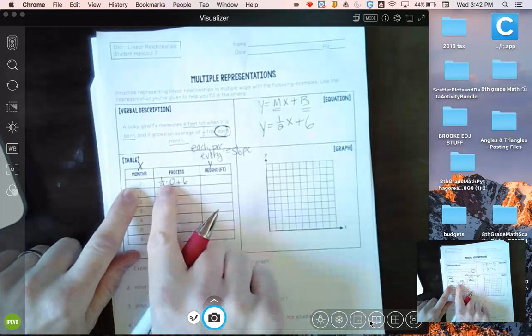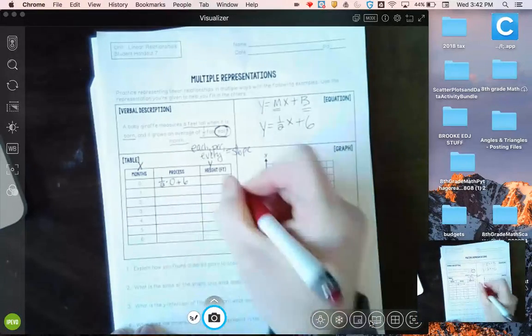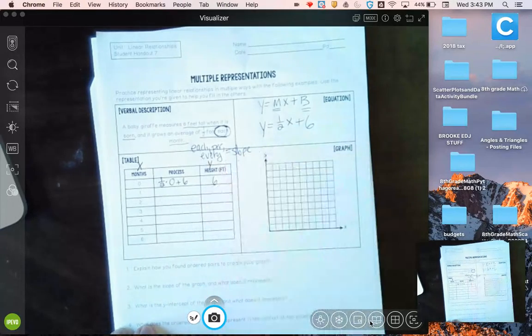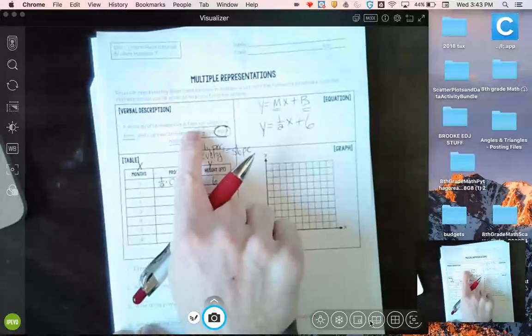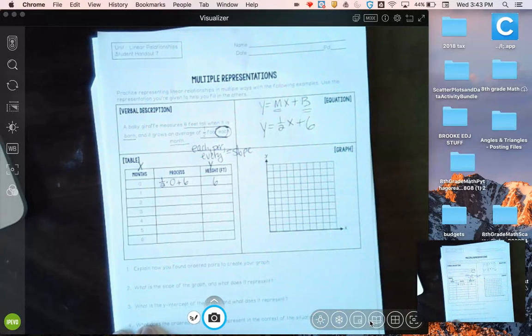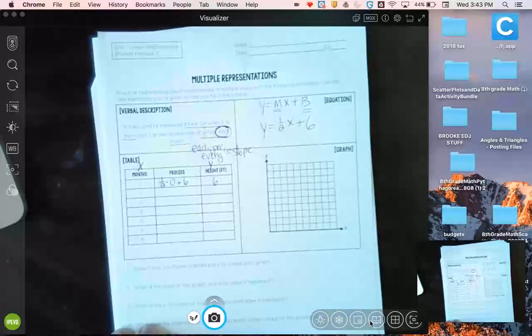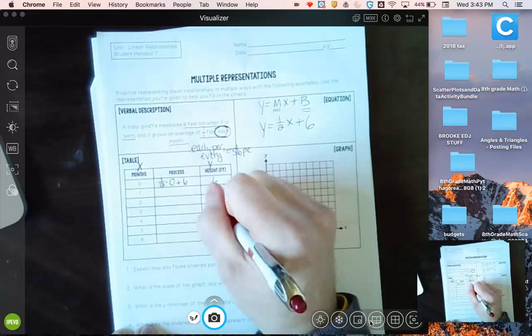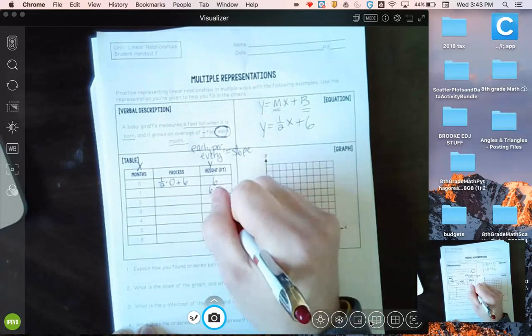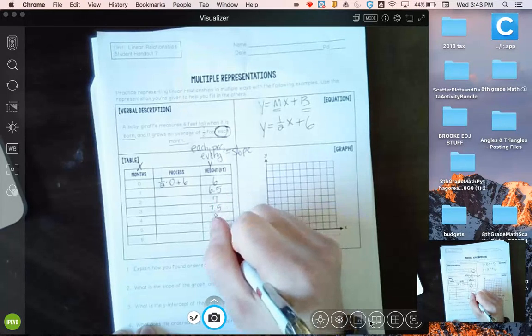And when I do that, 1/2 times 0 is 0. 0 plus 6 is 6. And I'm starting with 6 feet. And that's what it tells me right here. I started with 6 feet. Same thing here. Now, how does it grow each time? This should be changing by half a foot each time. So if I do this correctly, I should end up with all of this for my answer.